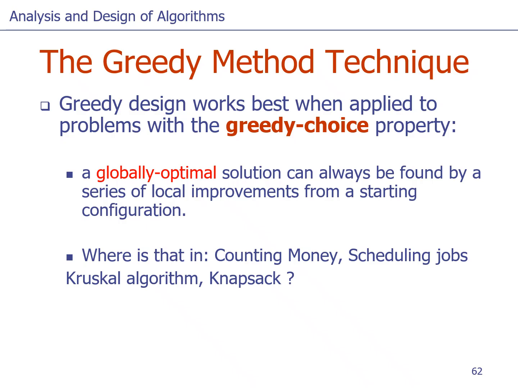But if you're after an optimal solution, and in many cases actually we will be, that's why there's research and innovation in algorithm design, because we're after the best possible solution, and consequently, you need to check for the greedy choice in most cases before applying a greedy approach.